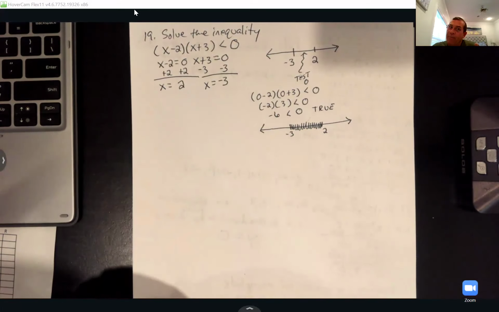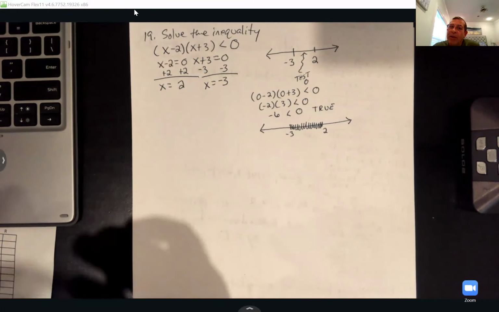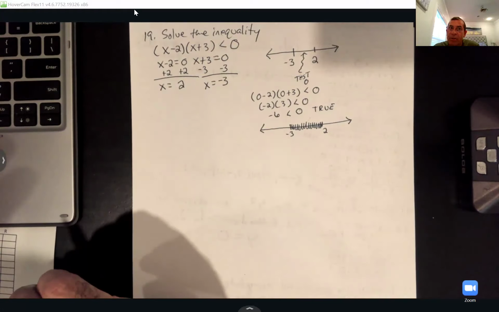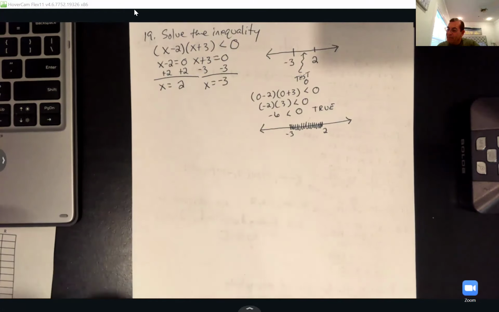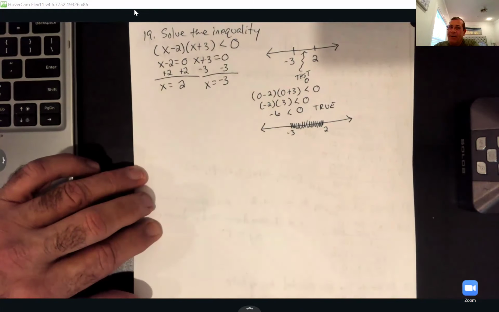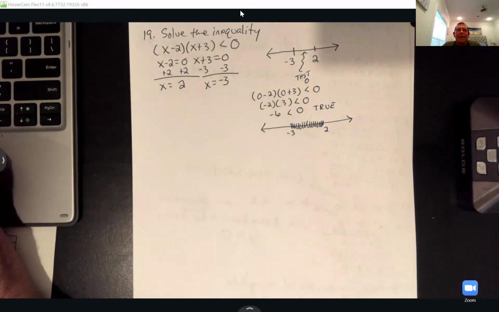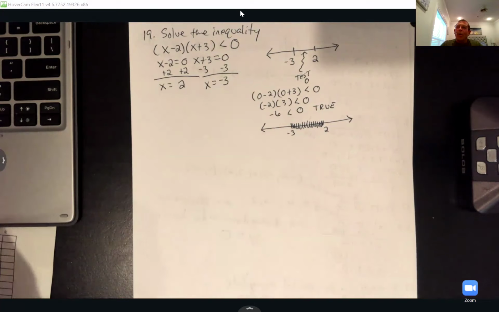So y'all, here's the main question on this problem. Would y'all use parentheses or brackets around these numbers? And it all depends on that less than right there. All right, chat's lighting up. Oh, I got y'all, didn't I?